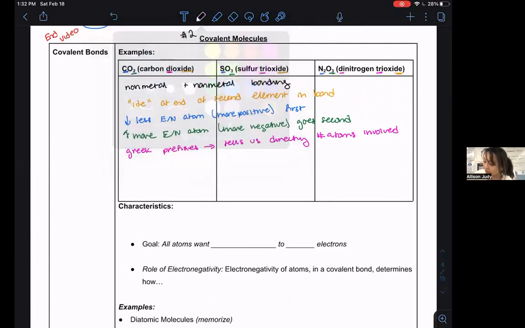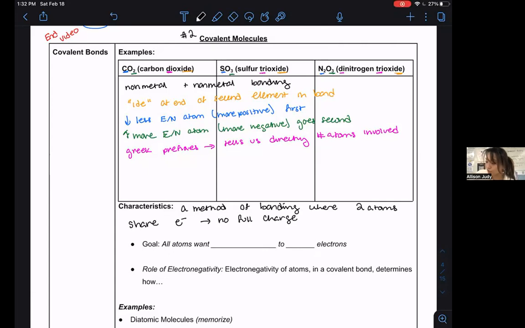So covalent bonding is a method of bonding where two or more atoms share electrons. No full charge obtained or carried.